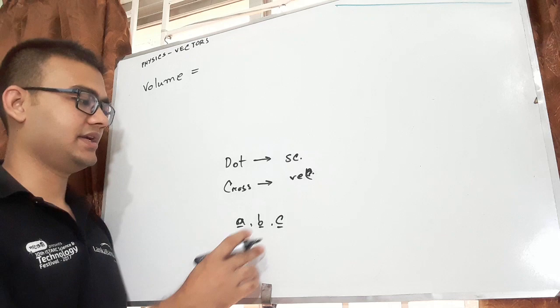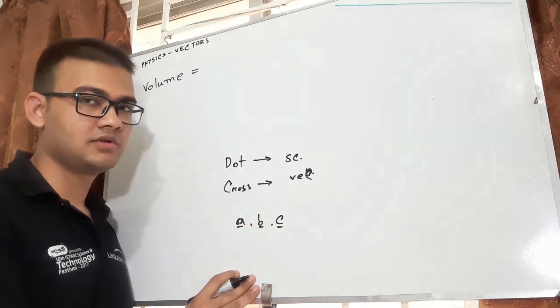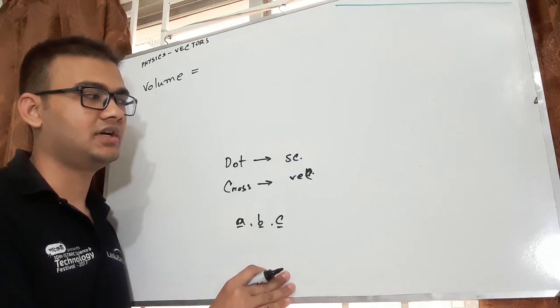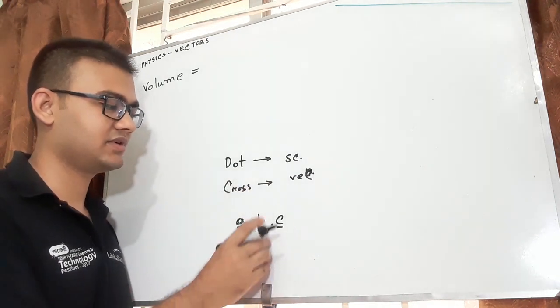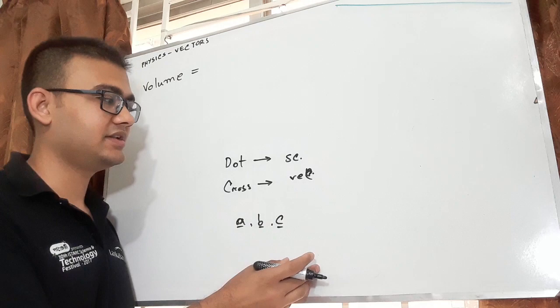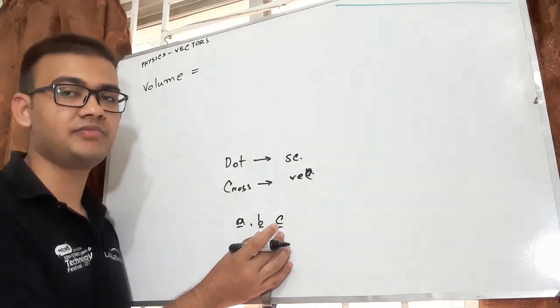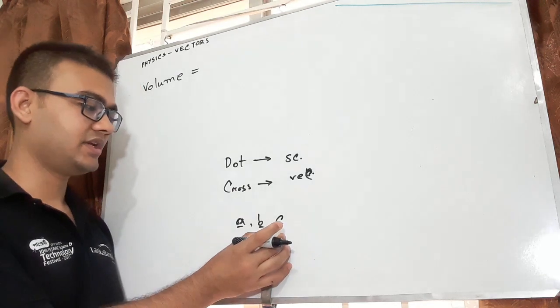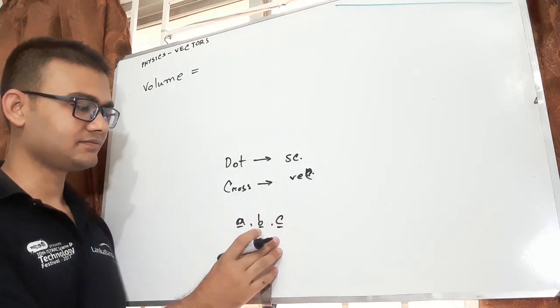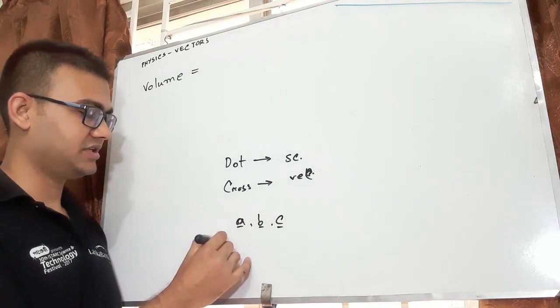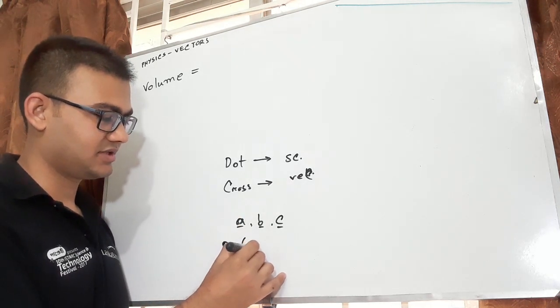So what if I take any two, get a cross product from the two, and then, with the remaining one, suppose I took A and B and cross producted them, and then I dot product it with the A. So it might come this way.